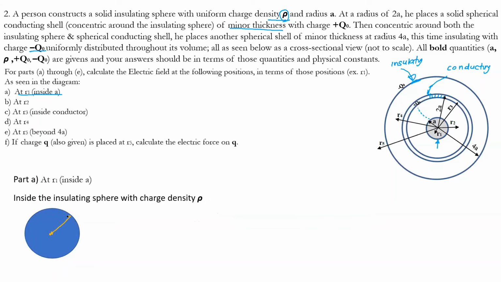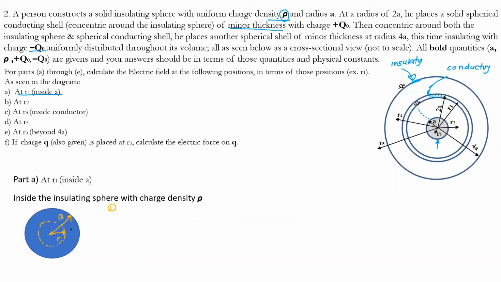The radius of this is simply A, they have given in the question. And they are asking us to find the electric field at a location like this, which is inside. This is very similar to the problem we did before. So the first step is drawing the Gaussian surface.